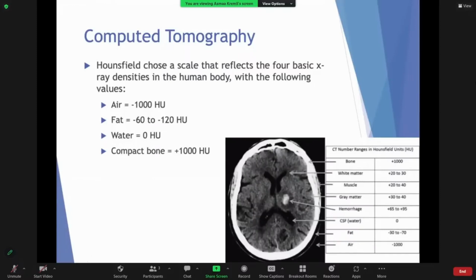So the bone will be white, CSF or water will be dark gray, and air will be black. Anything between the water and bone will be shown with different shades of gray, from light gray until we reach dark gray.